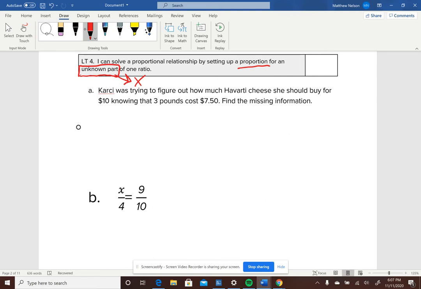And what that means is if Carsey was trying to figure out how much Havarti cheese she would buy for $10, knowing that 3 pounds costs $7.50, we can say, okay, we know the part here is 3 pounds for $7.50. So I'm going to go ahead and put my pounds on the bottom, and I'm going to put my cost on top of $7.50.